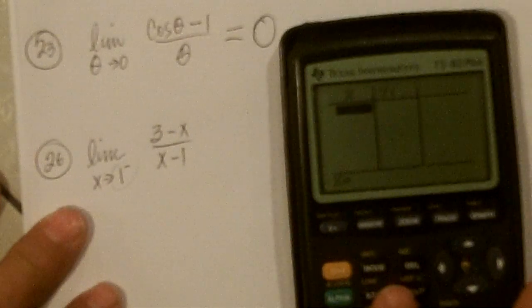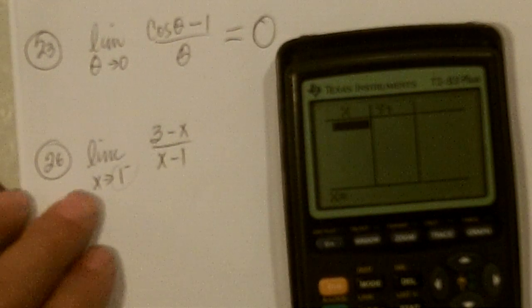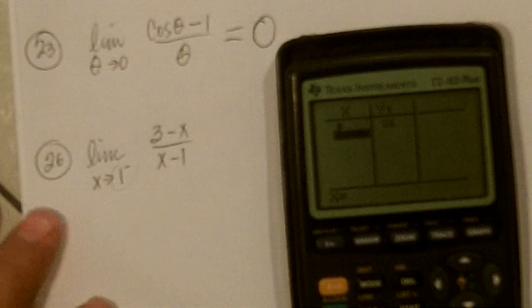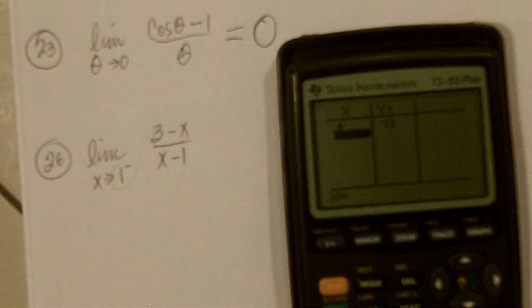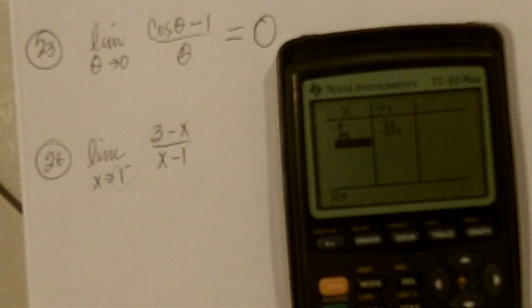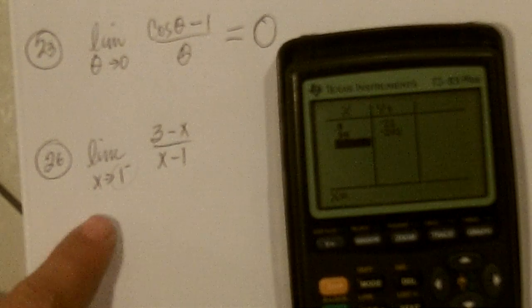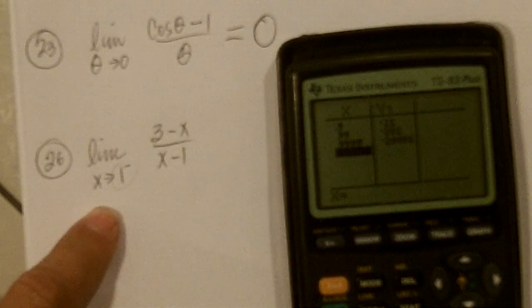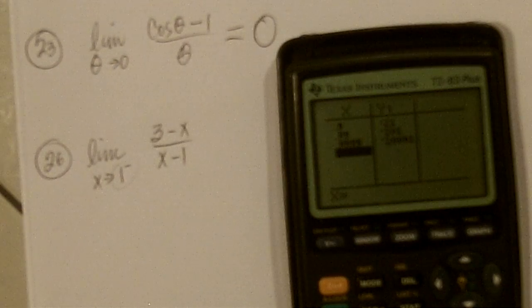So it'll be 0.9, which is getting close to 1 on the lower side, and that's negative 21. Let's put 0.99, that's getting closer, and that's negative 201. 0.9999, and that's negative 20,001.